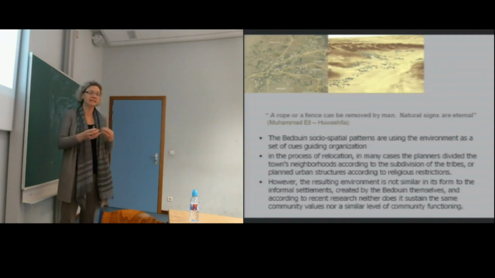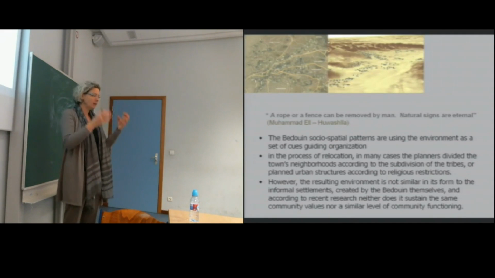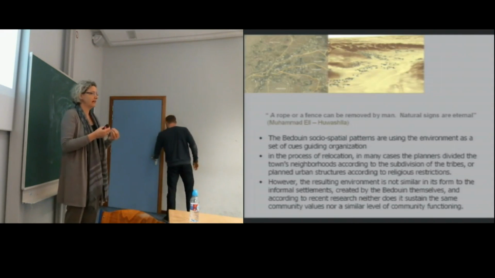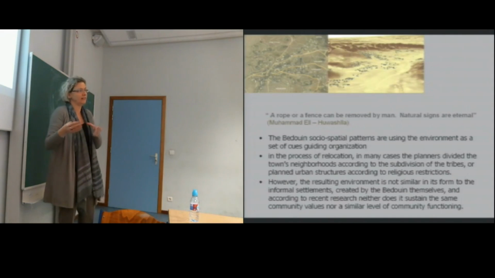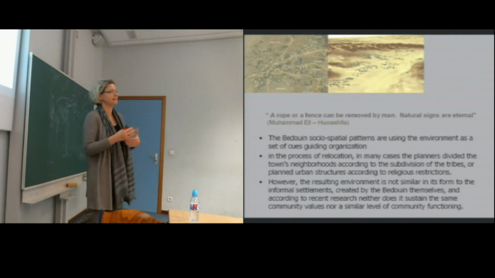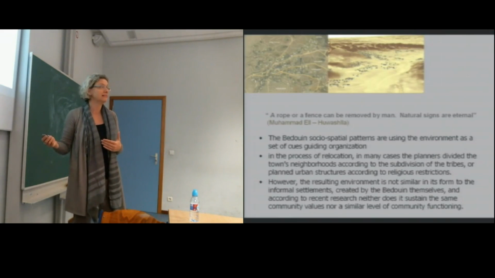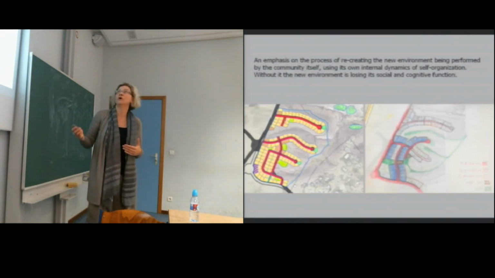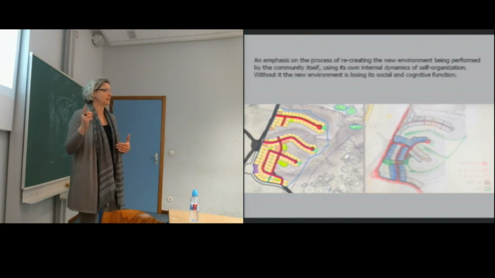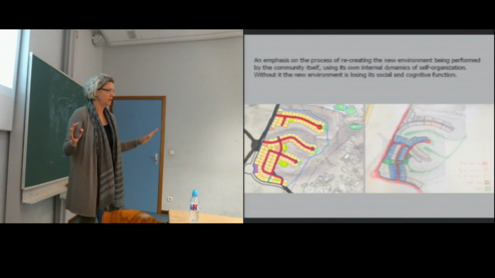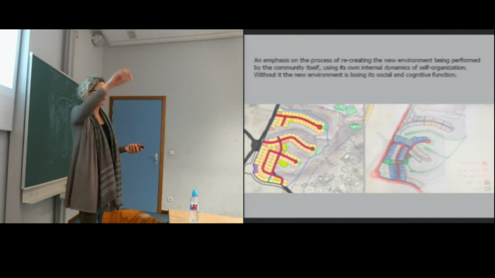But there is this, I will call it a co-design of the environment, where the designing is definitely there because they are generating their space, but they are co-designing it with the land because the conditions of survival are extremely tough. So all the patterns are organized according to water, which means there is no water, first of all, but there is some kind of lines.